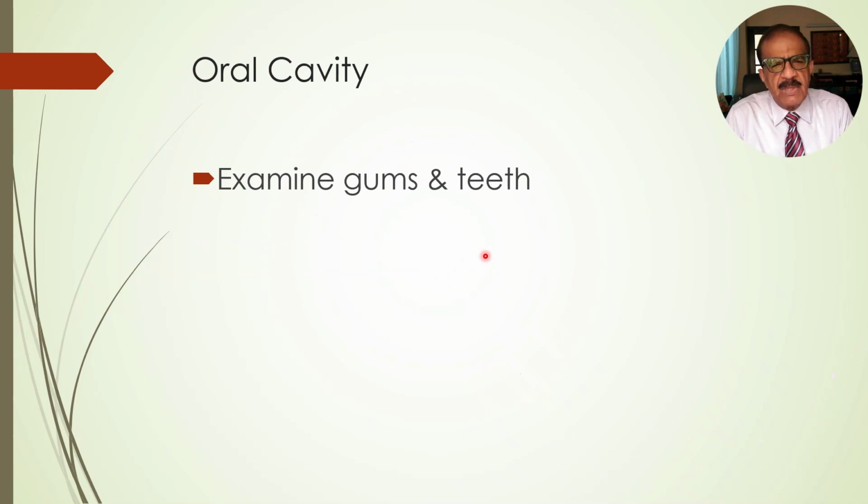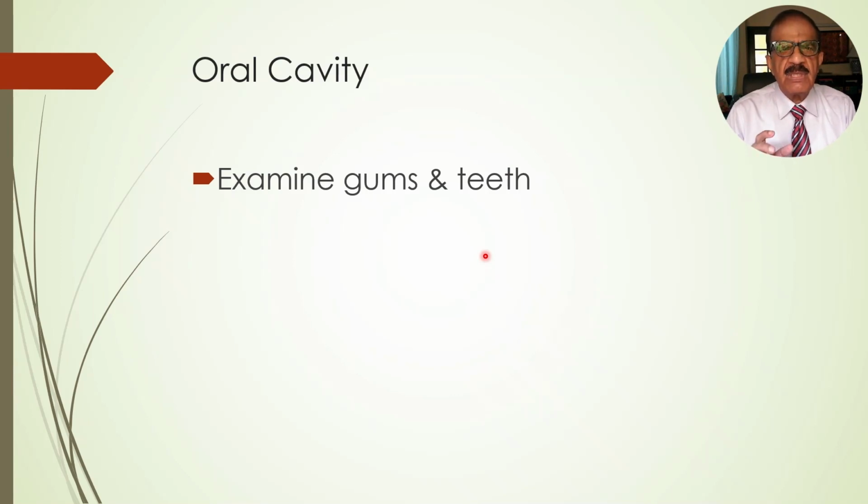Now, I think examination of gums and teeth may be included in general physical examination, but if you're asked to start the examination of GIT, then I believe you should start with examination of the oral cavity. That of course is part of GIT. In the oral cavity, you would examine the health of teeth and gums and anything else.